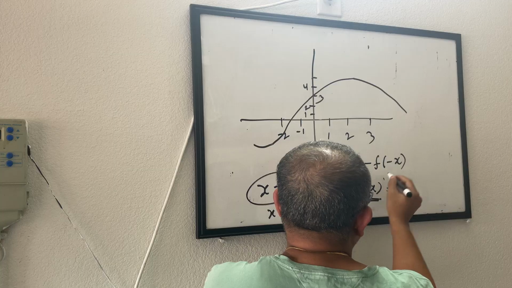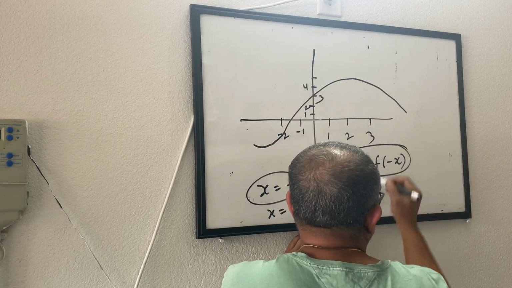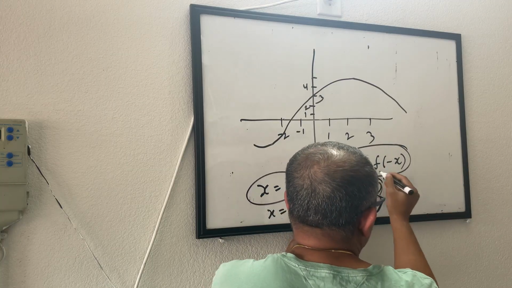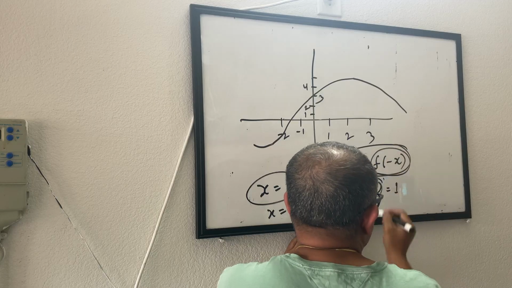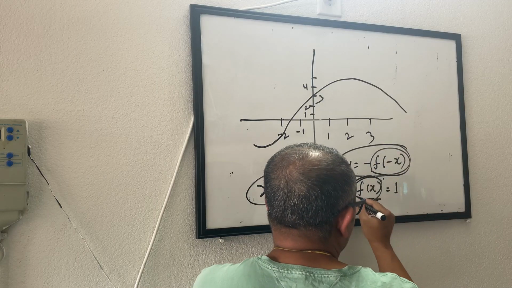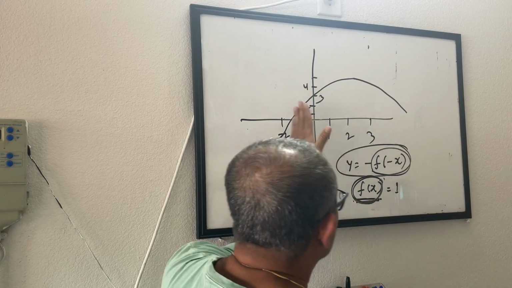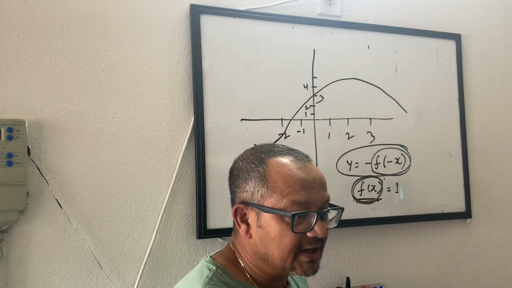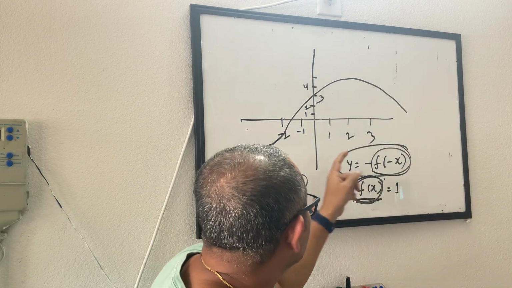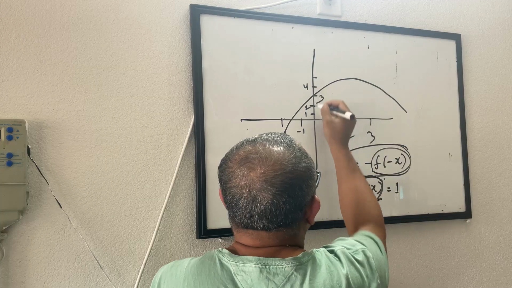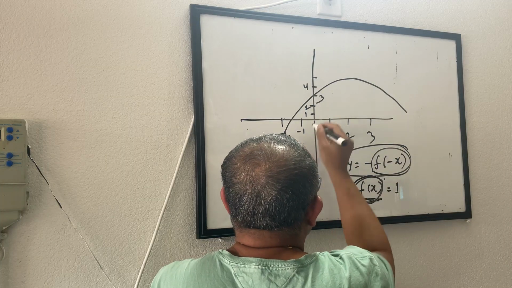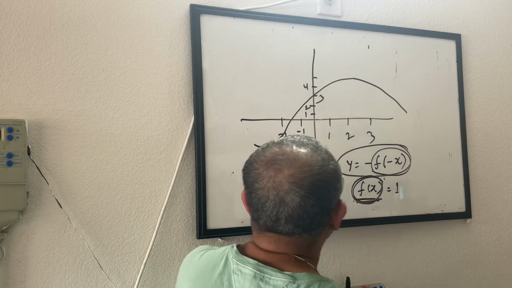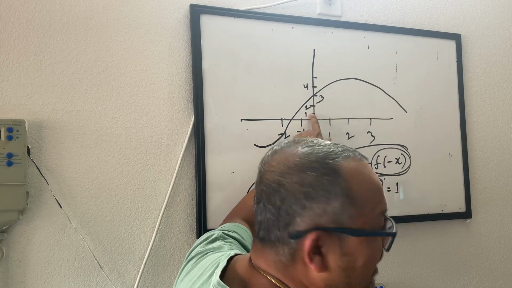Meaning, after you transform your graph from here to here, you have a graph for f of minus x. You first want to get to the graph of f of x, see where it moves, and then find out for what value of x the y value is 1. Meaning, where do you see this graph being closer to 1 when you put -1?